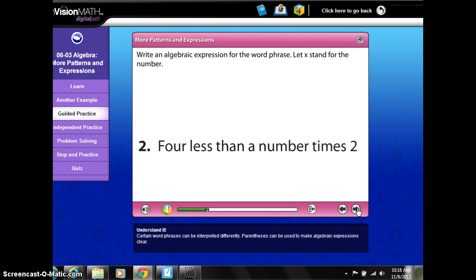How about this one? Aiden, will you please put that away? 4 less than a number times 2. 4 less than a number times 2. Darius?